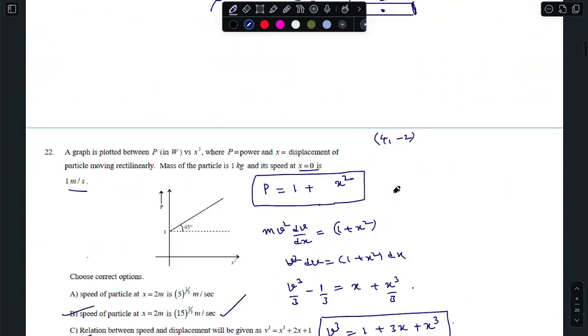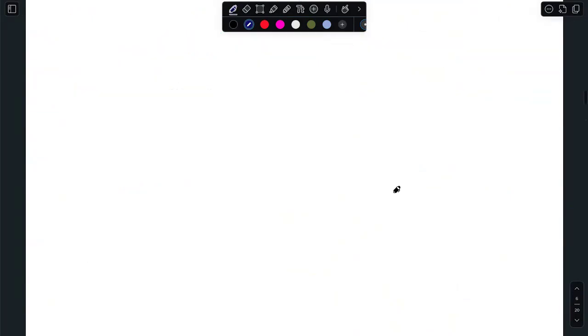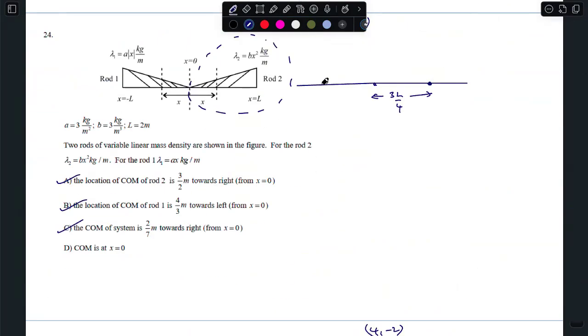You will get 2 by 3 L. So therefore, in this case, the location of the center of mass is at a distance of 2 by 3 L. That's all. What do you want?